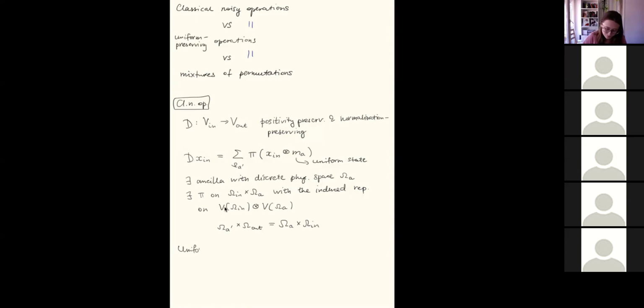So uniform preserving operations are the operations which map the uniform distribution to a uniform distribution.